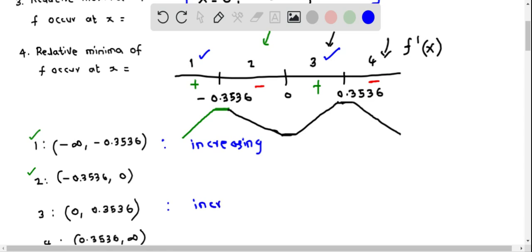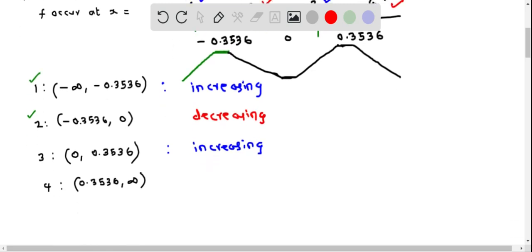So we write this down as the increasing intervals. It is decreasing in interval 2, from negative 0.3536 to 0, and also in interval 4, where it is also decreasing.